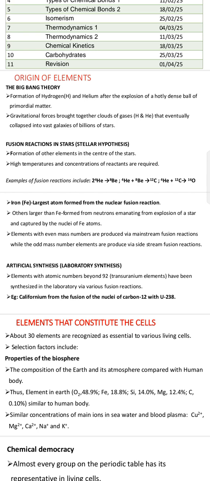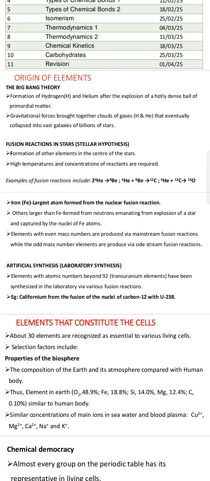So whenever you hear about the Big Bang Theory, just keep in mind that in that theory, we had hydrogen and helium through the explosion of a hotly dense ball of primordial matter.